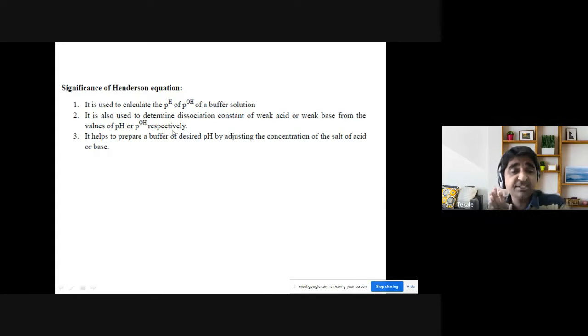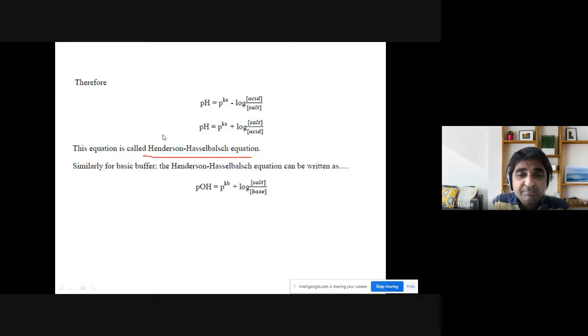The second thing is, if the pH or pOH of the solution is known, then we can calculate the dissociation constant of that weak acid or weak base simply from the pH or pOH values. How? By using this relation.